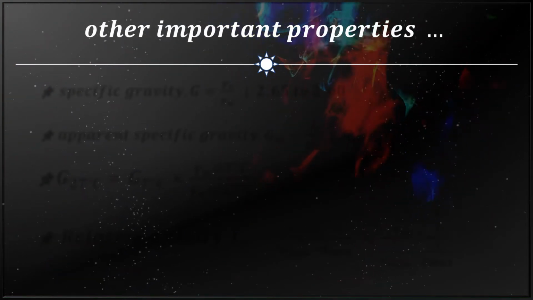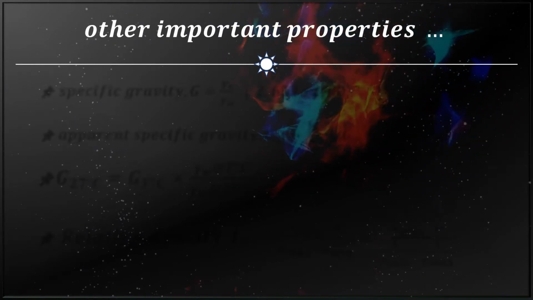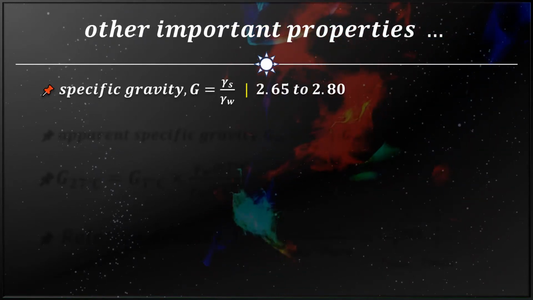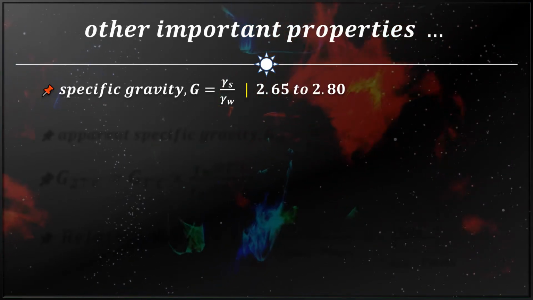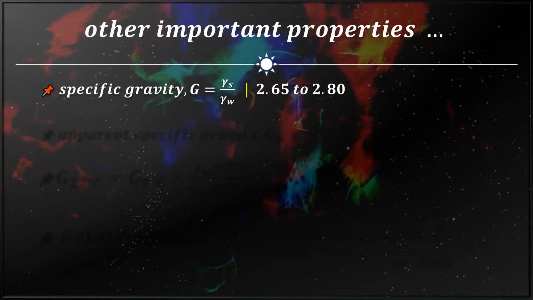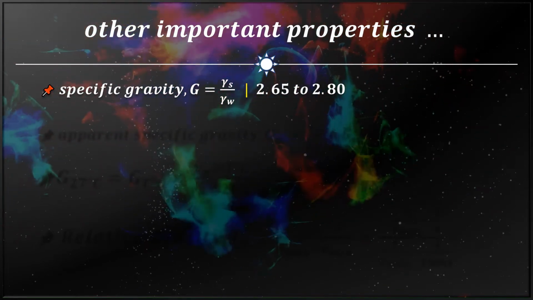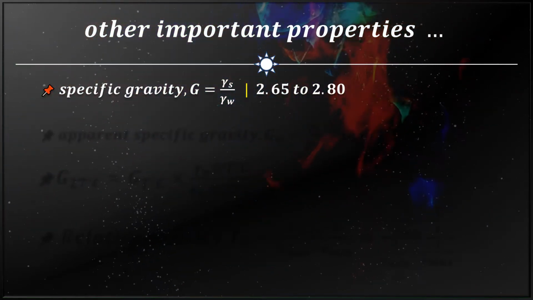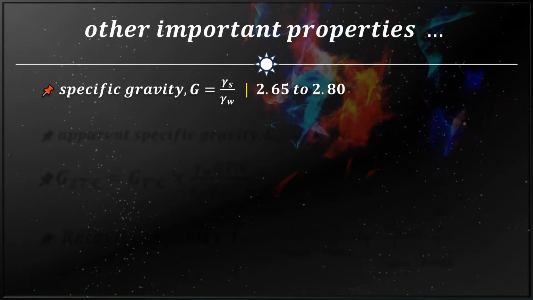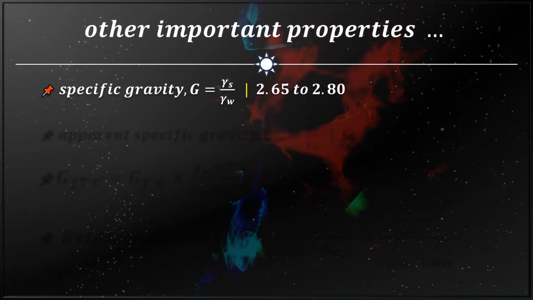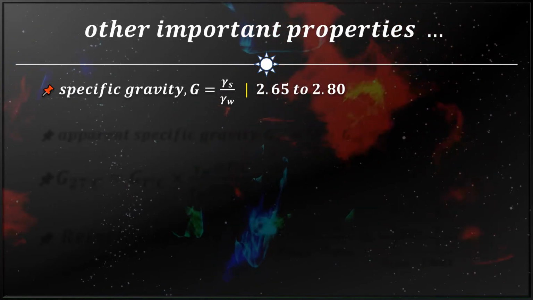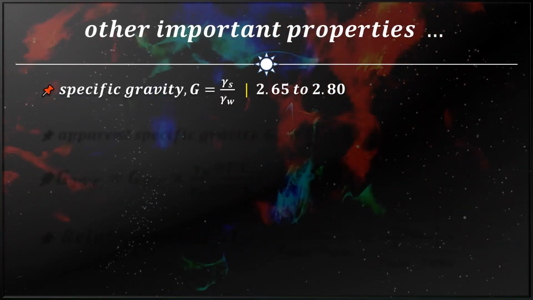Now let's see some other important properties regarding specific gravity. Specific gravity is given by gamma S by gamma W. This we have seen already in one of the previous formulas. G is equal to what? Gamma S by gamma W. Gamma S is unit weight of soil solids only, and G ranges from 2.65 to 2.80.